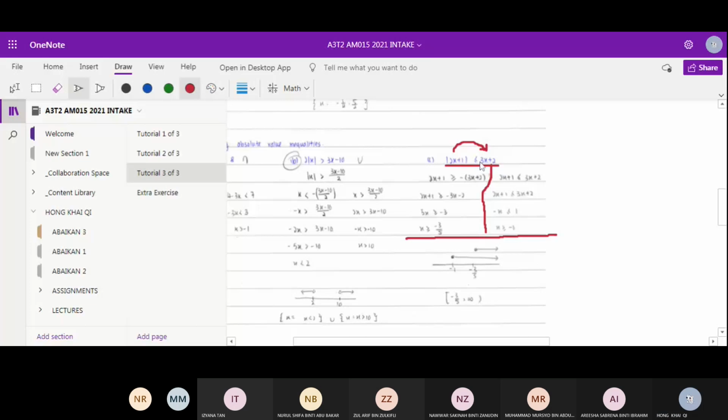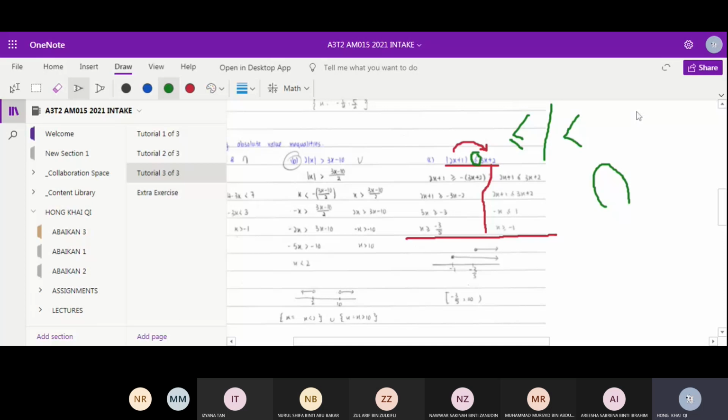For the question which the symbol is less than or equal to, the answer will be the intersection.